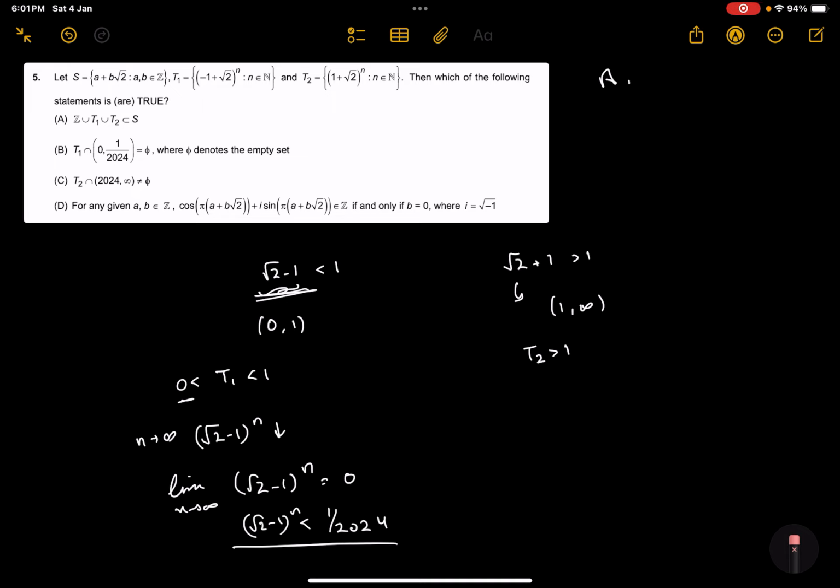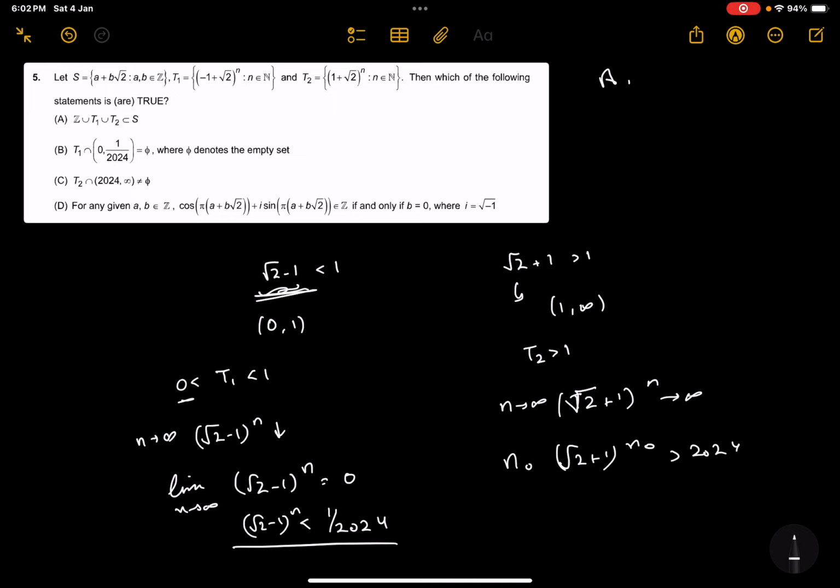And similarly we can argue here, as n goes to infinity, root 2 plus 1 to the power of n goes to infinity. So we will have some n naught such that root 2 plus 1 to the power of n naught would be greater than 2024.